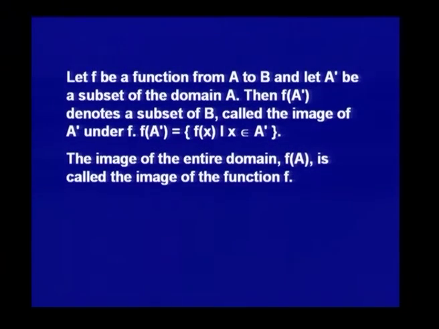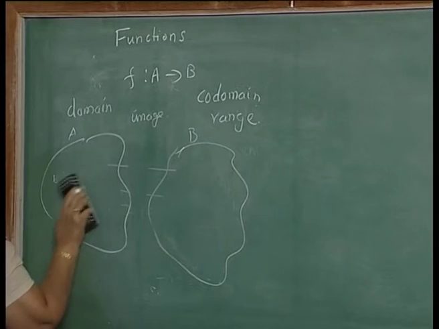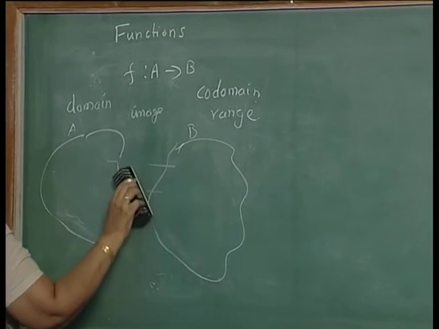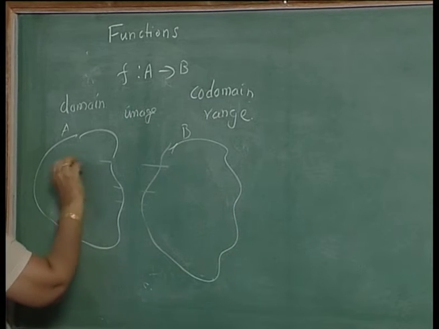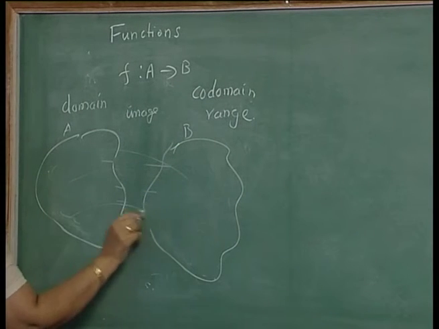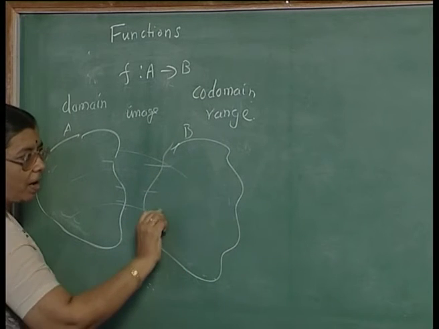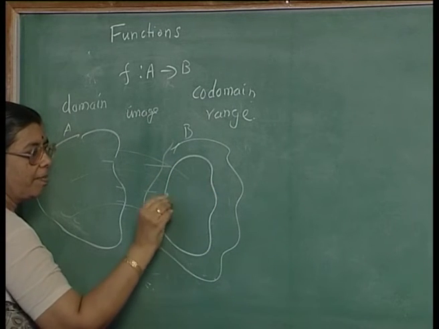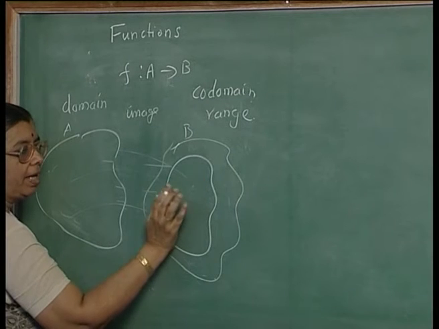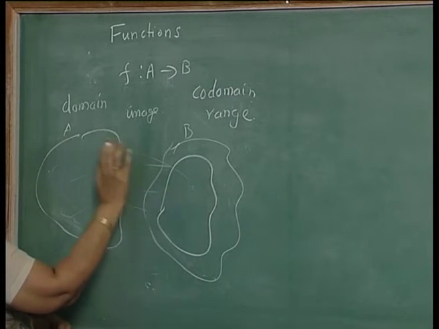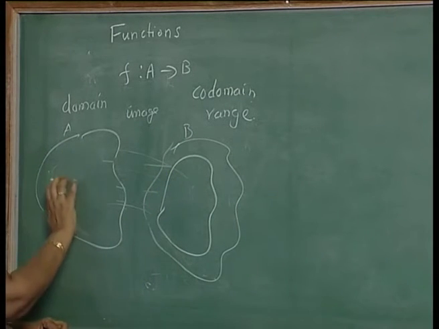And the whole set, see, I may have this B and A. If you consider all the elements mapping on, they may be mapped down to the whole set B, or sometimes it may be a subset of B. Then this is called the image of A under f.